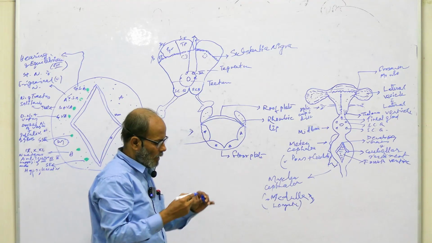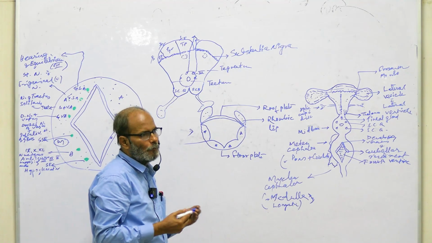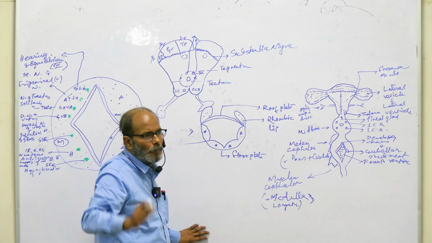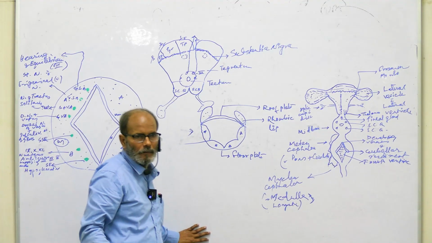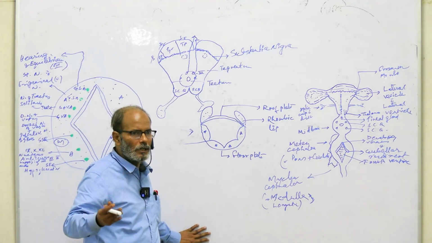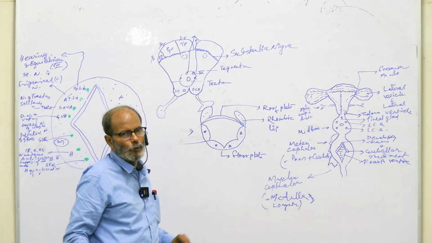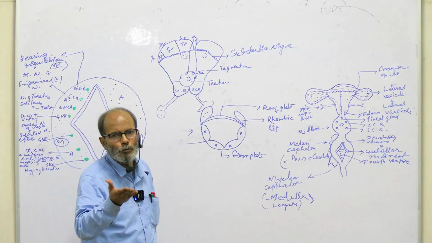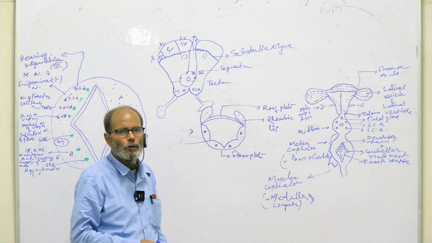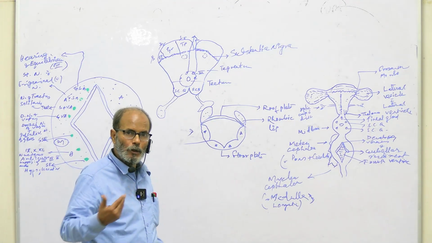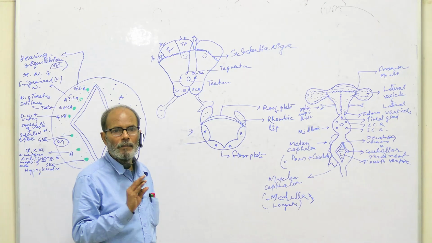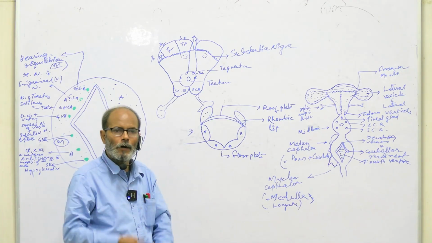If you do a cross section at the level of the superior colliculus, you will be able to see the parts of the midbrain. That is, toward the dorsal side, there is the superior colliculus. If you are asked to show the superior colliculus and inferior colliculus, I have said that they will be on the dorsal side, not the ventral side. The ventral side has the pyramid and olive, and the nerve fibers are coming out.